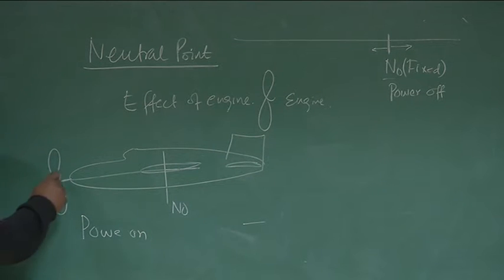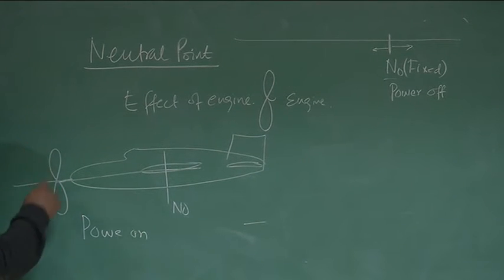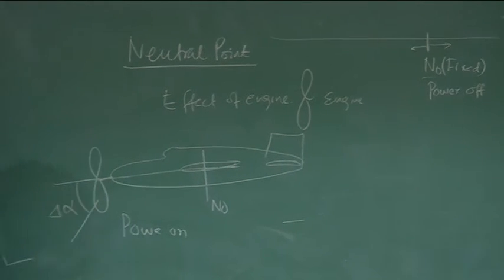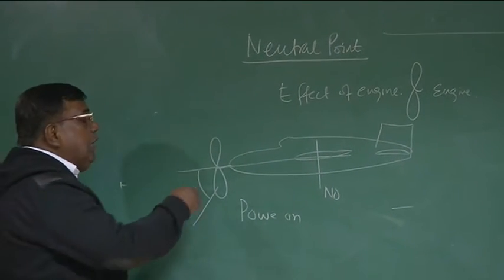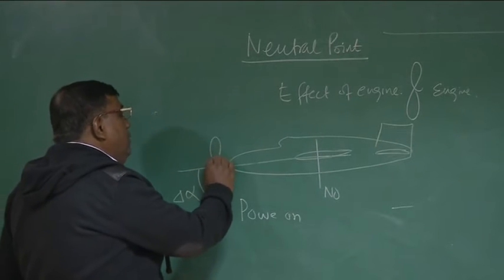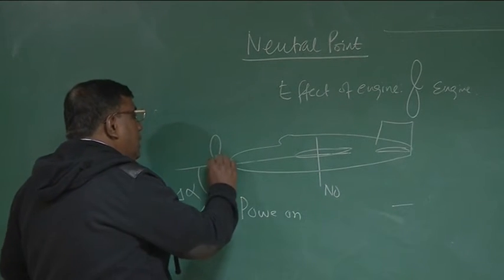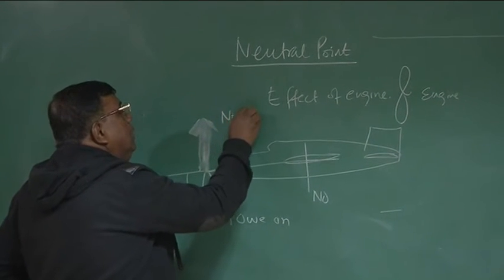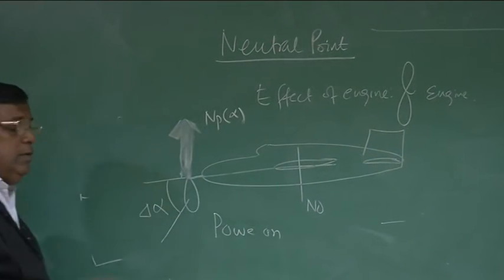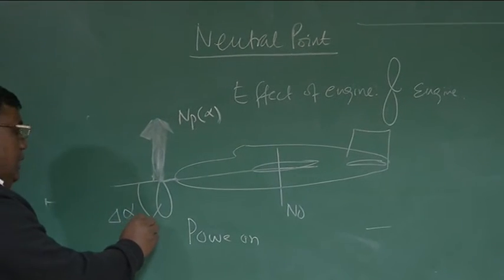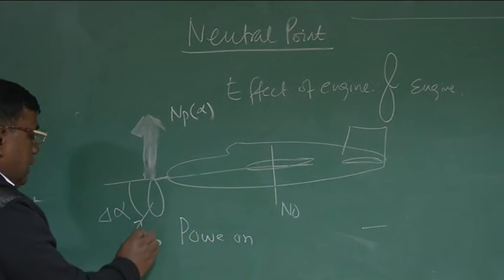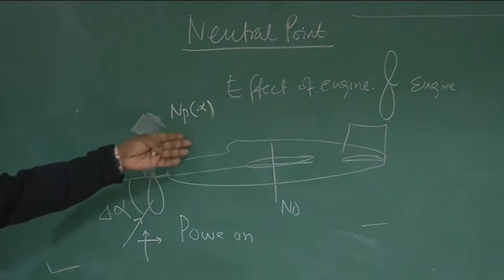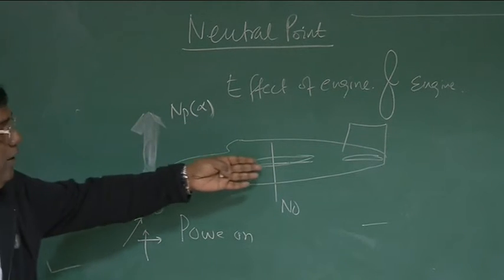So now what happens, see, if this is the propeller moving and it is seeing some delta alpha, then you know that by momentum exchange there will be a thrust generated, small though, in this direction, because some momentum exchange will be there, in this direction and this direction. So this force, which is proportional to alpha, is now acting ahead of CG.